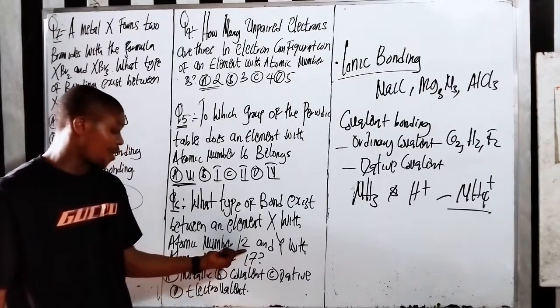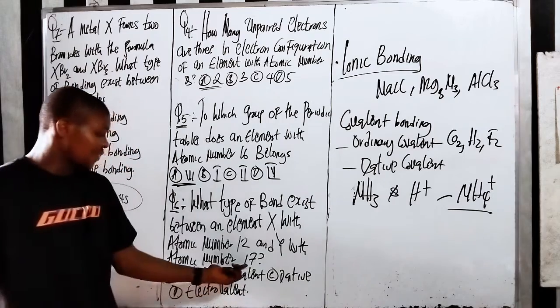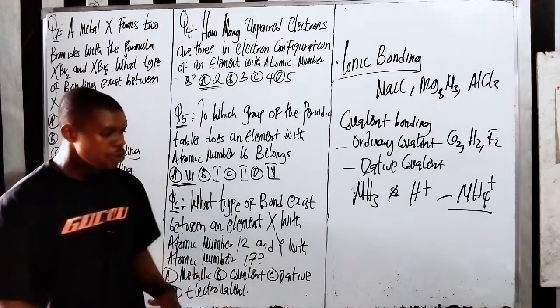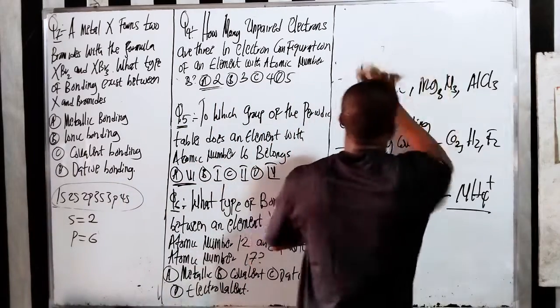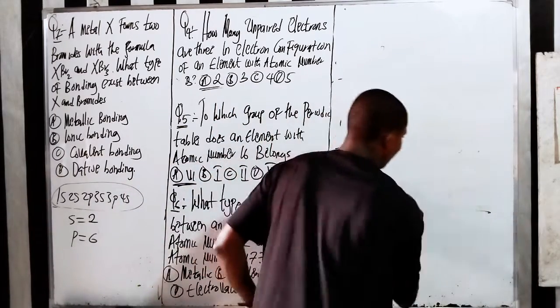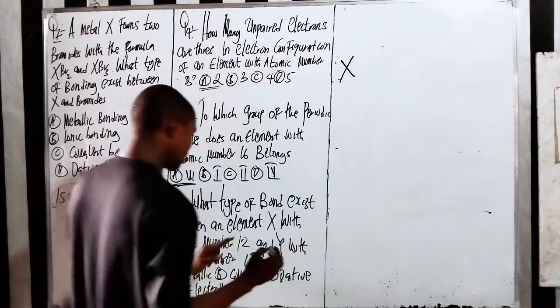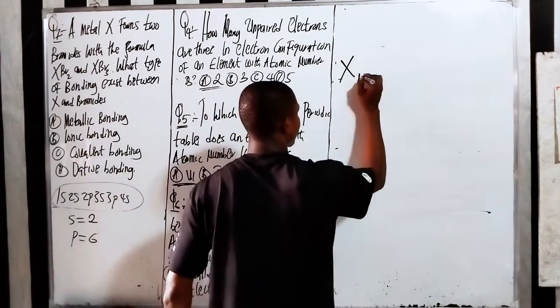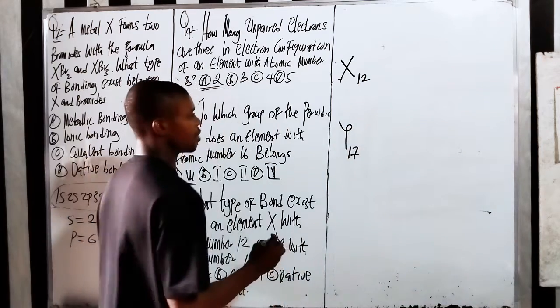So when you get a question like this, for example, the element with the atomic number of 12, is it a metal or a non-metal? And the element with the atomic number of 7, is it a metal or non-metal? So how do you do that here? Let's try and figure this out. X has atomic number 12, Y has atomic number 17.